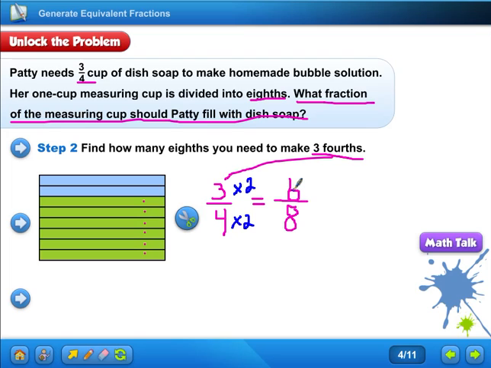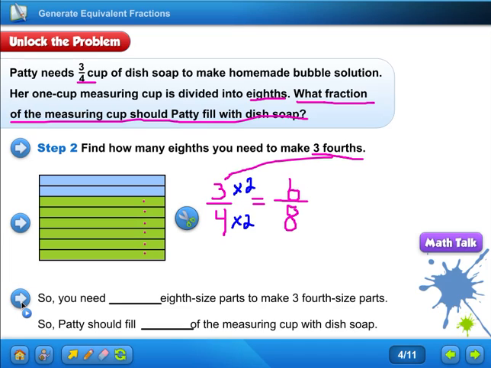I will say this through this whole lesson. When you are doing multiplication like this with the fractions, whatever you do to the top, you have to do to the bottom. So they took 4 times 2 equals 8, and then 3 times 2 equals 6. Because look, when they did this, they just doubled it. Split it all in half, which would be multiplying it by 2.